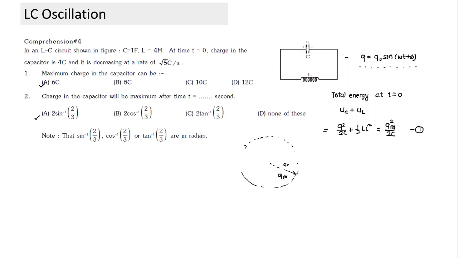At a particular instant, the charge is decreasing, so the charge is something like this. This is the initial one; I can take this also as a phasor. This is 6 coulomb and this will be the instantaneous 4 coulomb. So now I can answer, and it is rotating with the time period.